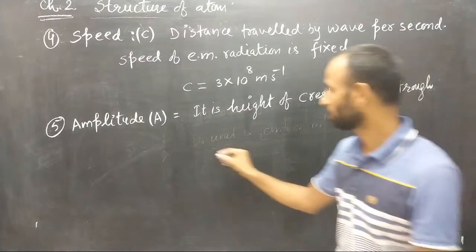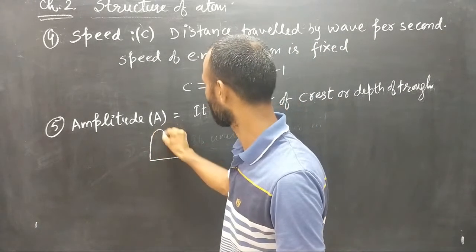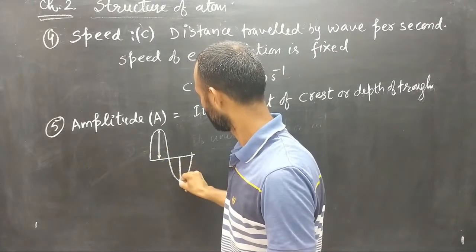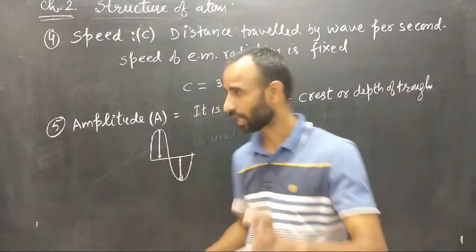Height of crest or depth of trough means maximum height. This one. This is the same, capital A.